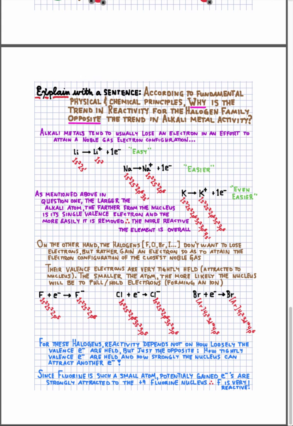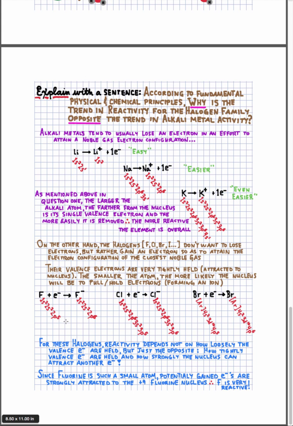Even though it has fewer protons than chlorine and bromine, it is able to get closer to the potentially attracted electrons it's trying to gain. Because it's a smaller atom, it can get closer and there's less shielding. Because it can get closer to those electrons, it can attract them more vigorously.